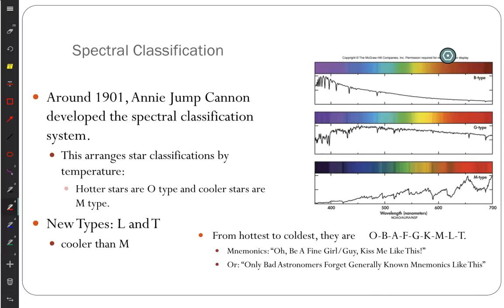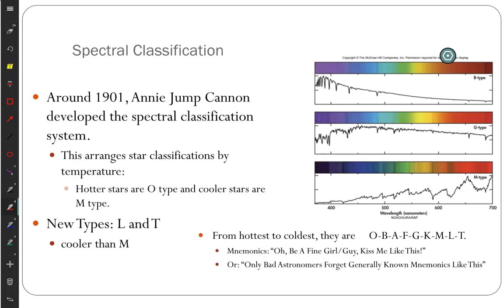So in 1901, Annie Jump Cannon came up with a way of classifying stars based on their color. And so we have this classification, and you really should have this memorized. And this mnemonic is so simple, I memorized it in one try. It's not every good boy deserves fudge.